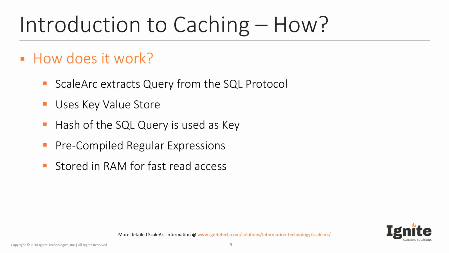They are specific to the database and user, depending on the settings, and I'm going to dive deeper into that in the following sections. But in general, it's a key-value store where the key is the hash of the query, so it is very efficient in finding the appropriate result set. It's essentially a matter of nanoseconds, and this is because the results are kept in the operating memory of the server. So ScaleArc needs to be provisioned with enough memory, because it will reserve the amount that's specified for the purpose of cache.